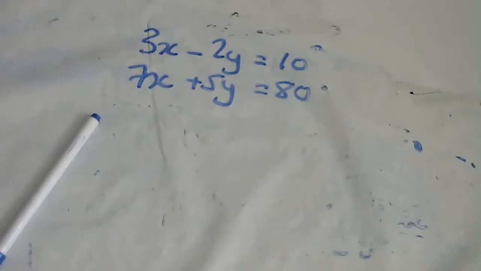So x equals 210 over 29. Let's see what y is as well, and then we'll do it together.